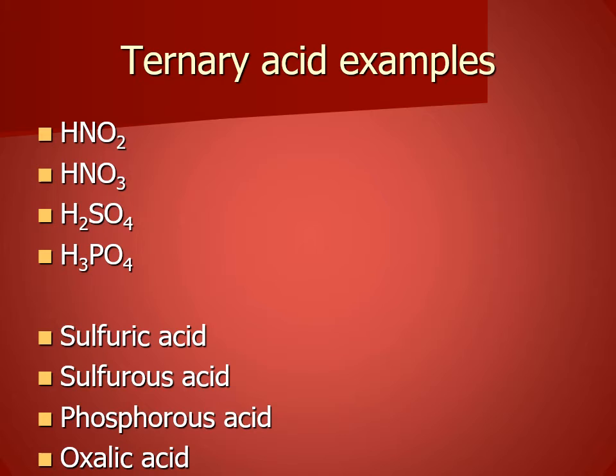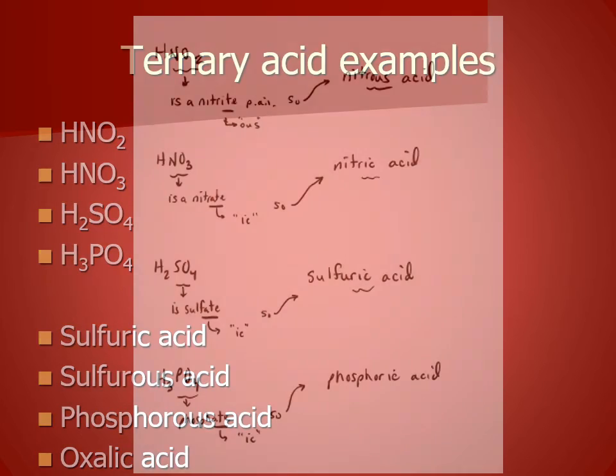Then down here we have four names of acids: sulfuric acid, sulfurous acid, phosphorus acid, and oxalic acid. Ic, ous. So that's going to tell us what polyatomic ions to use. Notice, no hydro anywhere. Don't use it. Okay, let's move on to some handwritten notes on how to do this.